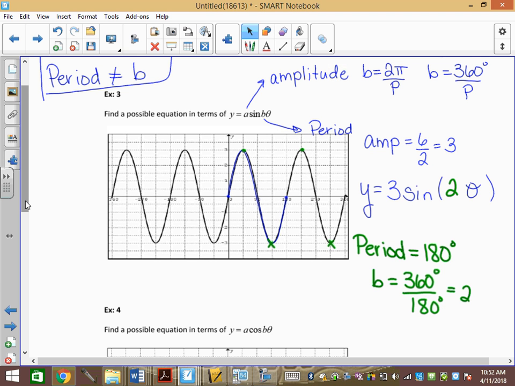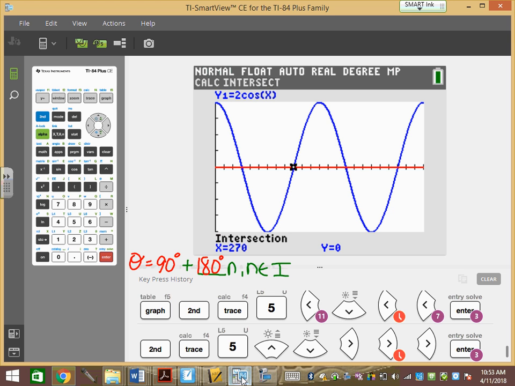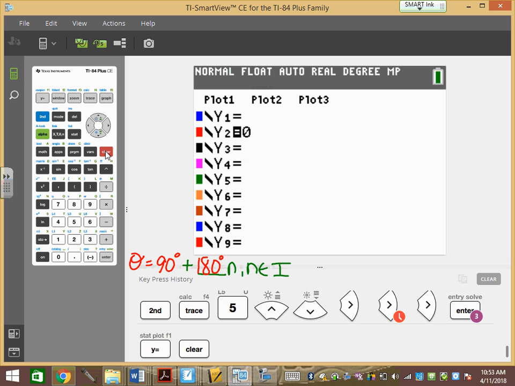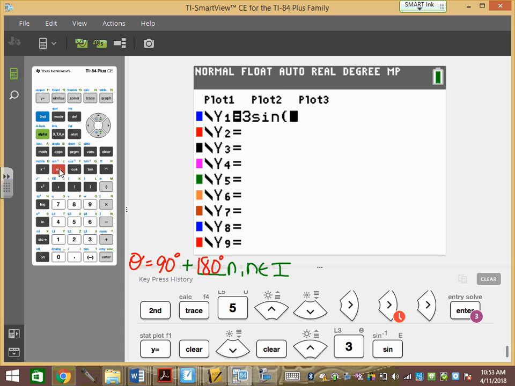We're going to go to our mode, and we're going to make sure our mode is in degrees, because we're going to push the button sine, correct? If we press the sine button, we need to be in a certain mode. So we go into Y equals, and we put in 3 sine 2 theta, close brackets.